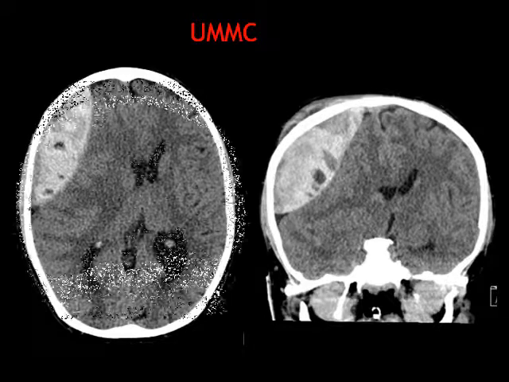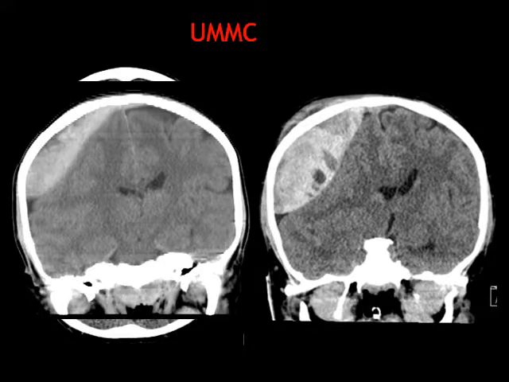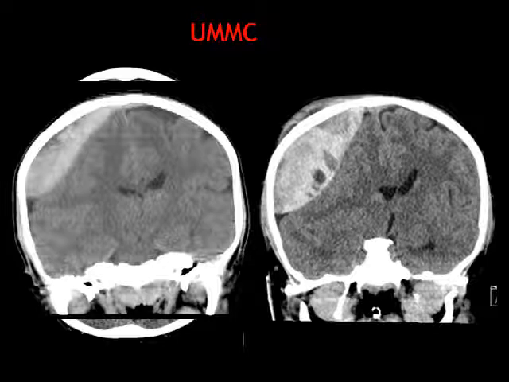And so we see his initial CAT scan from the outside hospital compared to the CAT scan at UMC, showing a massive expansion. And this is what we call an epidural hematoma.